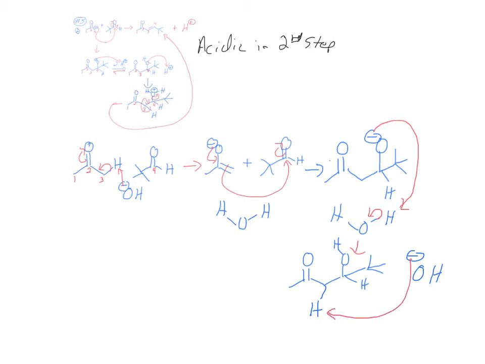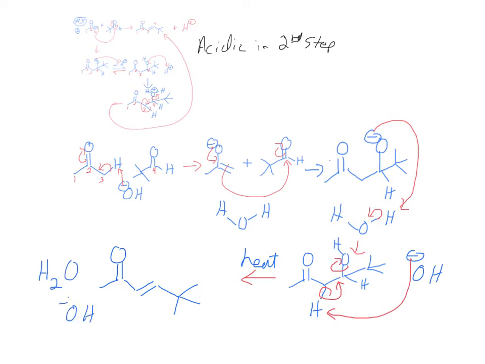I could take this and eliminate and kick out OH minus. You can do that. Under heat, forcing conditions, you can get to the exact same product with water and then OH minus. So in this case, OH minus is like a catalyst.